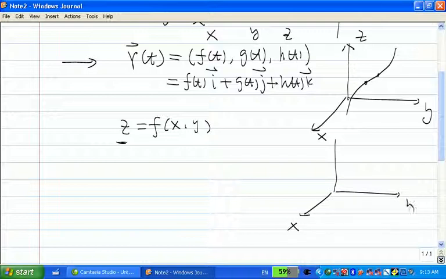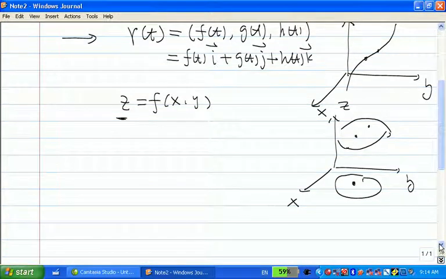Given (x, y) here on the xy plane, you plug in there, you find a z. For different (x, y), you find a different z. So you think about this as your domain. Then you will have a surface above that. For this type of function, the independent variable is a vector, the dependent variable is a scalar. Then you got a surface.